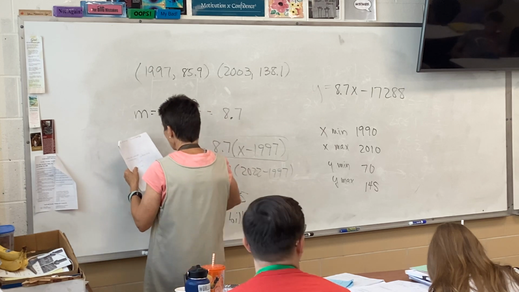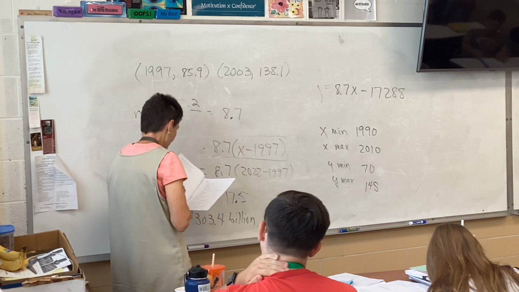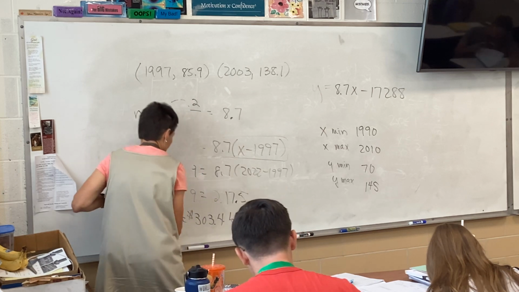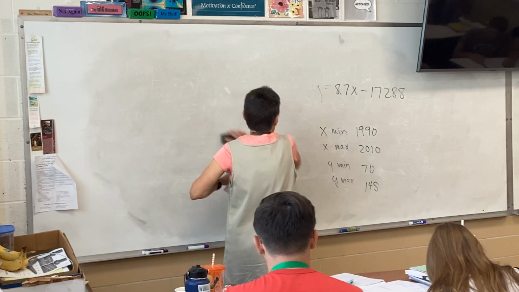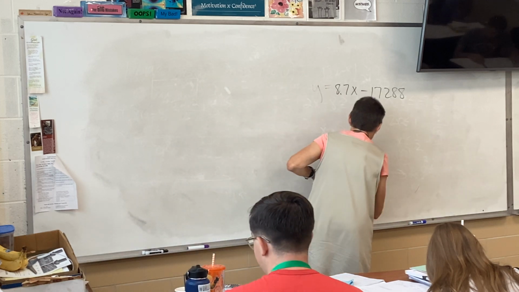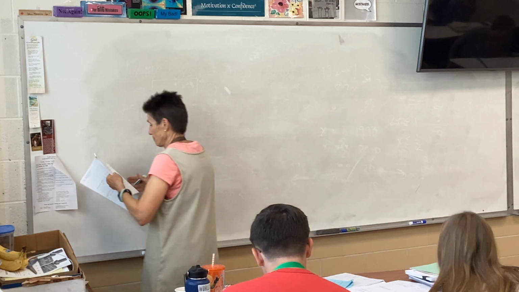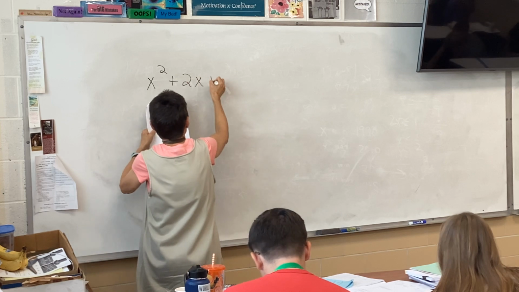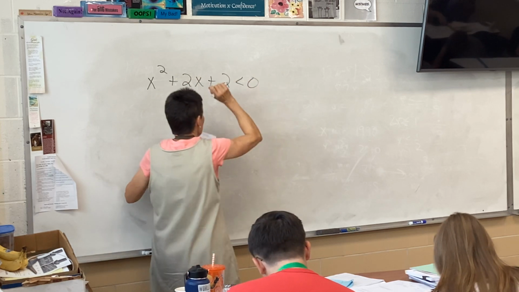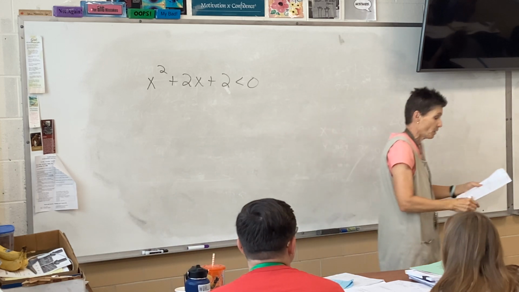We are ready, I think, for P7 2B. So here we go. I'm reading the directions. Directions are huge, guys. You need to do what you're being asked to do.